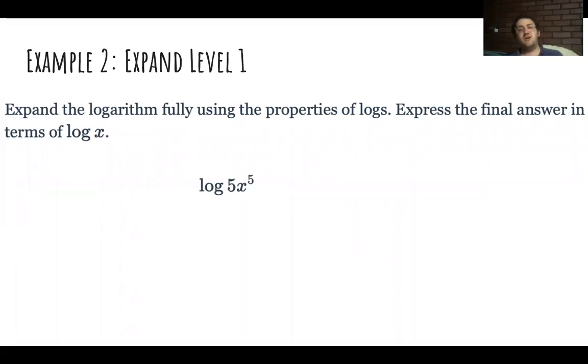Let's do one more for size. So this says express your answer in terms of log x. So this is 5 times x to the 5th. When I say times, I'm thinking of product rule.